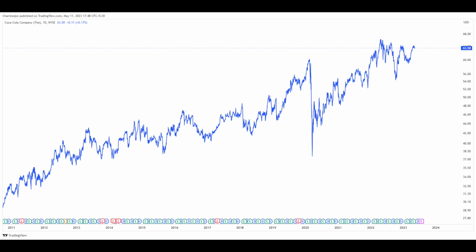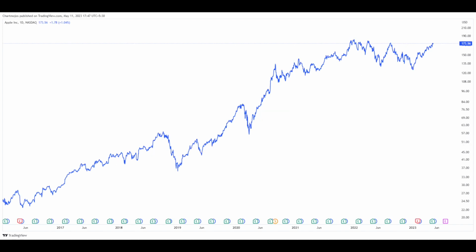To do this kind of investing, you can see he has held on to his winners. Coca-Cola is still there in his portfolio, Apple is there, and it has given a very good return.